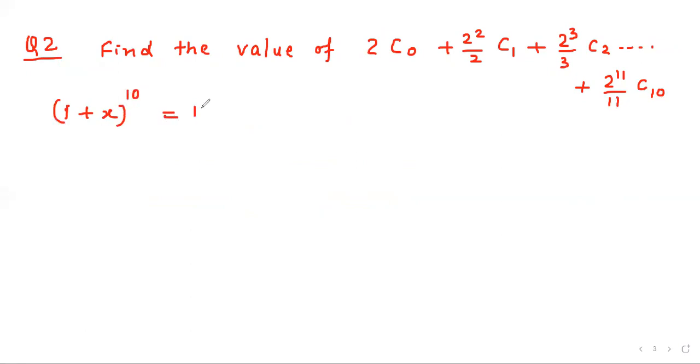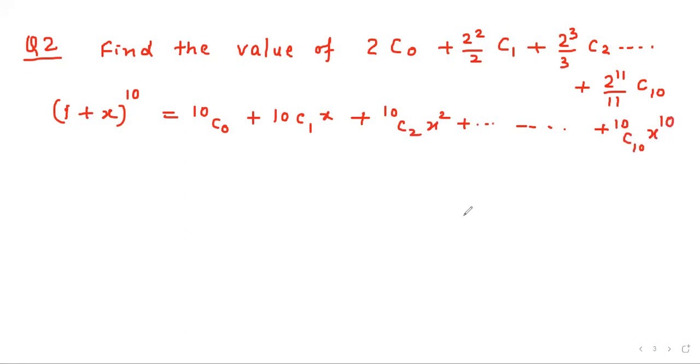So we get 10C0 plus 10C1 x plus 10C2 x square. The last term 10C10 x power 10.